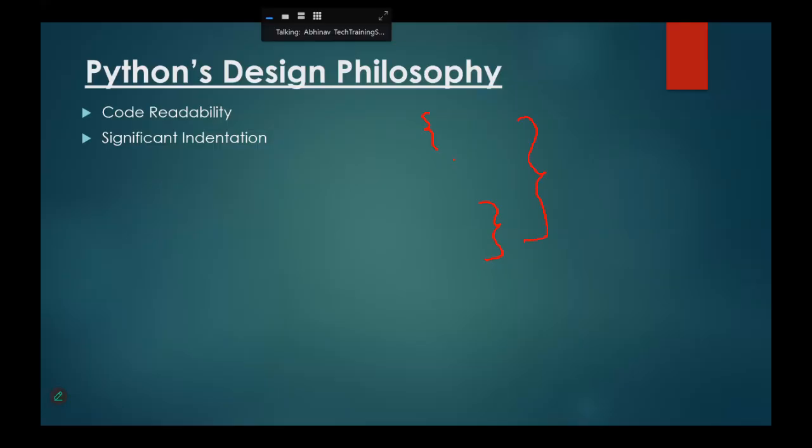But these curly braces add additional symbols in the code. Hence, it reduces the readability a little bit. So, in order to improve the readability, Rossum introduced white space indentation instead of curly braces to enhance the readability.